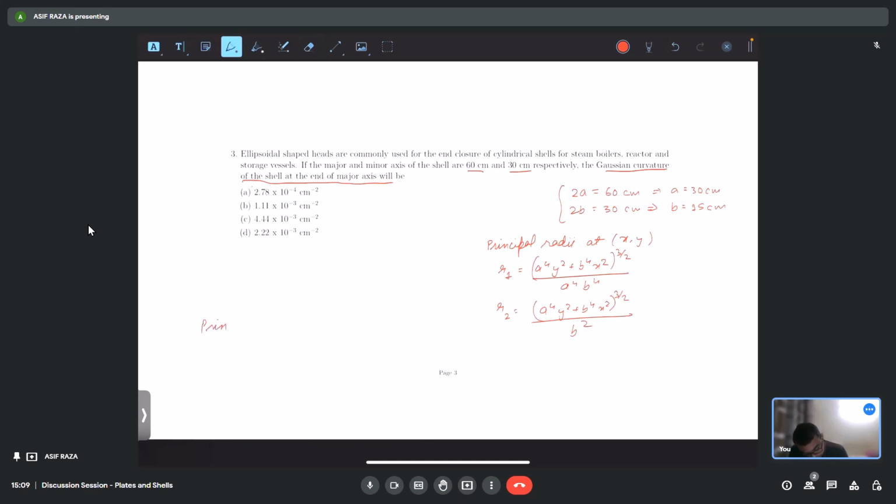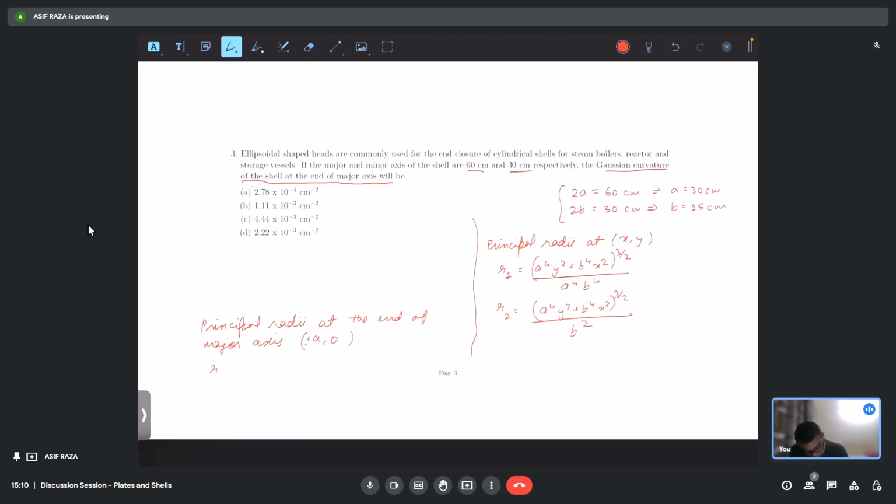So the principal radii at the end of the major axis will be at the coordinate a comma 0, right? Plus minus a, so that won't make any difference.